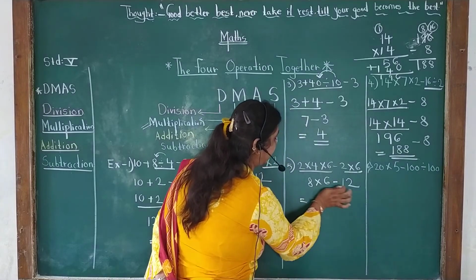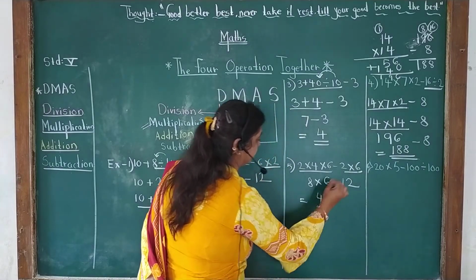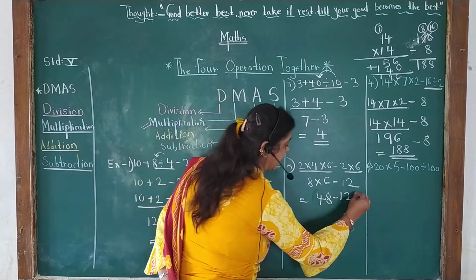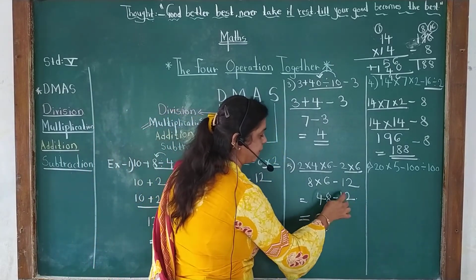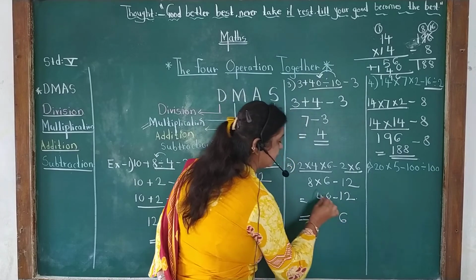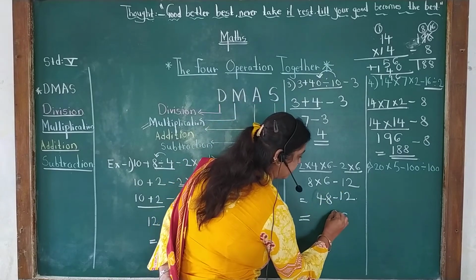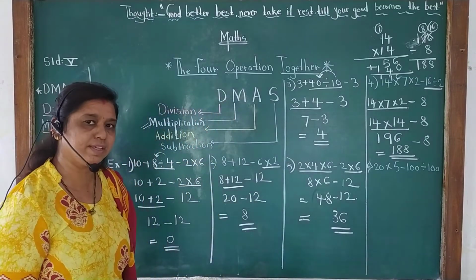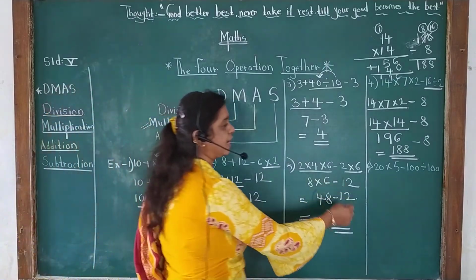Sorry, 48. 48 minus 12. So you have to do the subtraction. 8 minus 2 is 6. 4 minus 1 is 3. So what is your answer? 36. Understood?